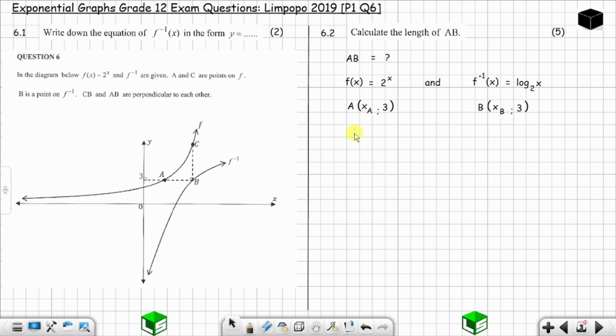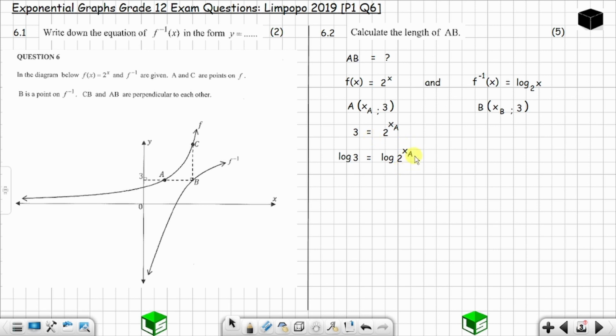So you have 3 is equal to 2 to the power of x sub A, the x coordinate of A. You can see it is in the exponent, so you are going to introduce log on both sides. So you have log of 3 is equal to log of this.